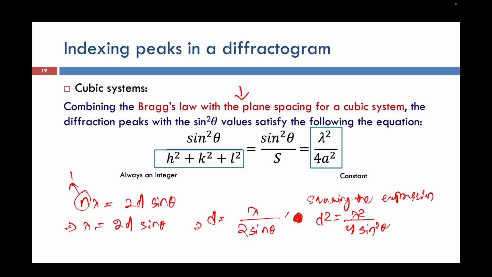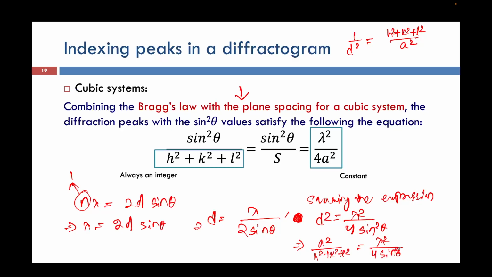And now if you put the d value, what is the d value? 1 by d square is equal to h square plus k square plus l square by a square. So this is the d value, right? And d square will be equal to a square divided by h square plus k square plus l square is equal to lambda square by 4 sine square theta.